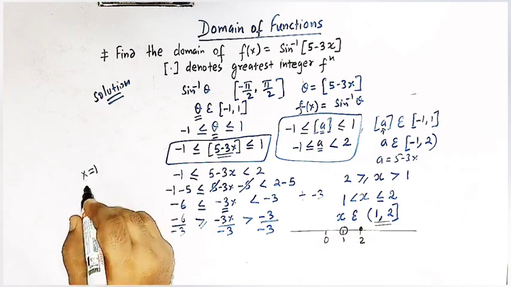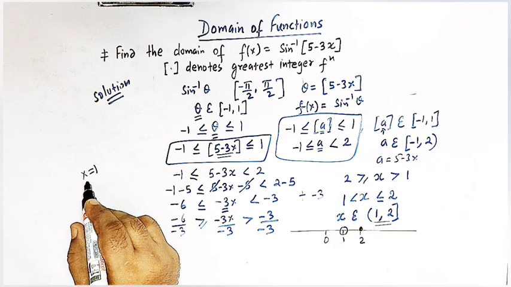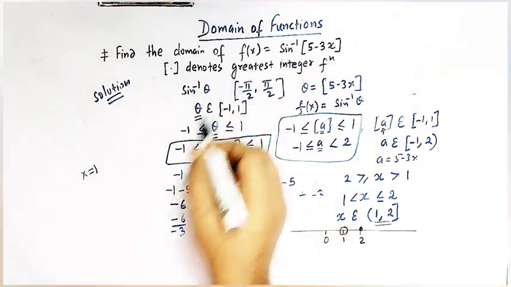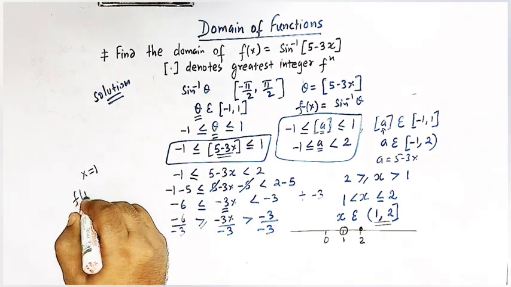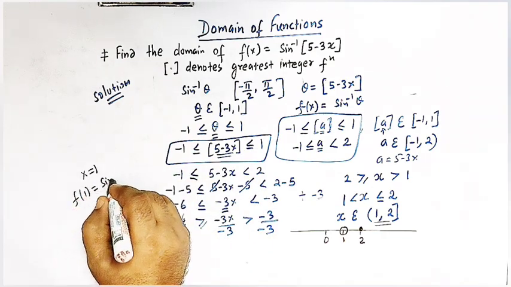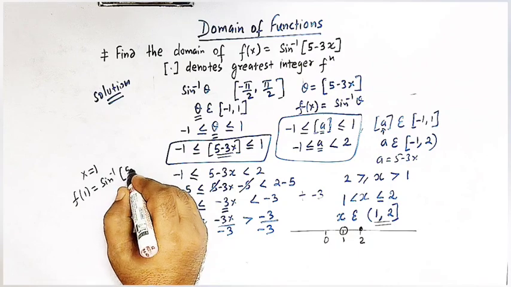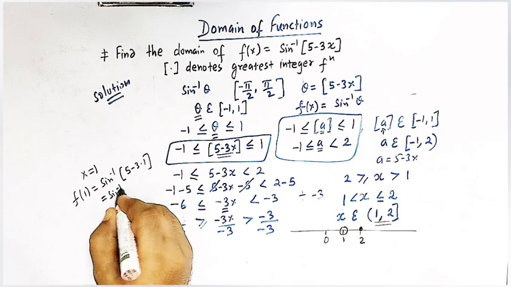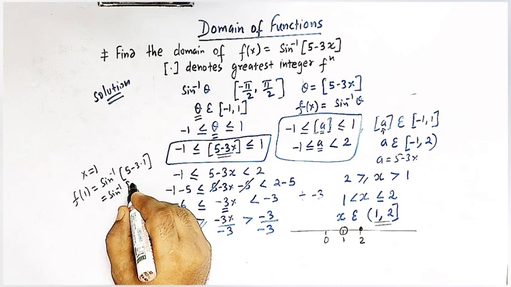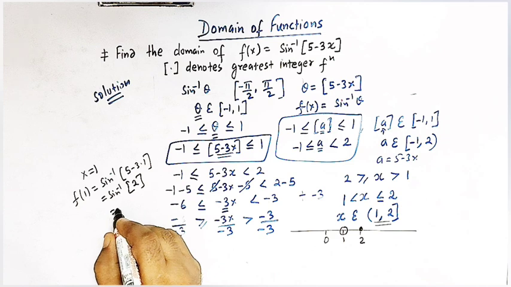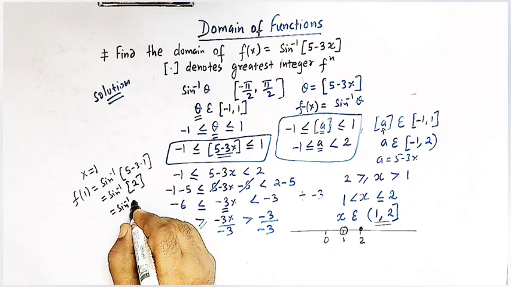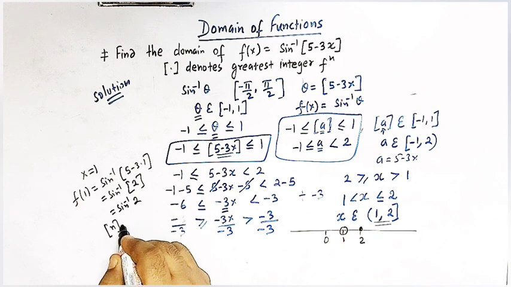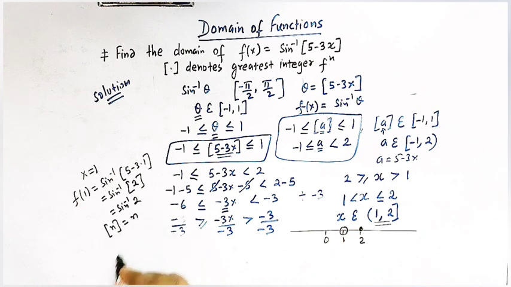and here we can easily see that x is equal to 1 is not admissible, because when we take x is equal to 1 in this function, then we can see that f of 1 becomes sine inverse of greatest integer of 5 minus 3 times 1, and we have sine inverse, and this is 5 minus 3, that is 2, and greatest integer of 2 is simply 2, because we know that the greatest integer of any integer is given by the integer itself.